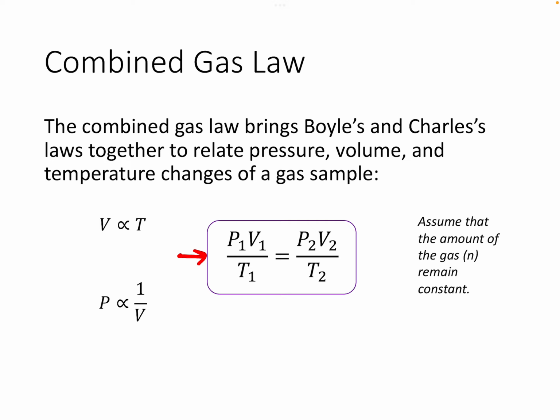Now we're going to assume that the amount of the gas is the same throughout this experiment. In this law, temperature has to be in Kelvin, just like we saw before. So remember, if you're given temperature in degrees Celsius, you have to convert it to Kelvin first.